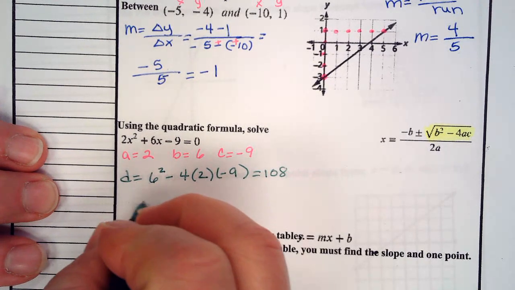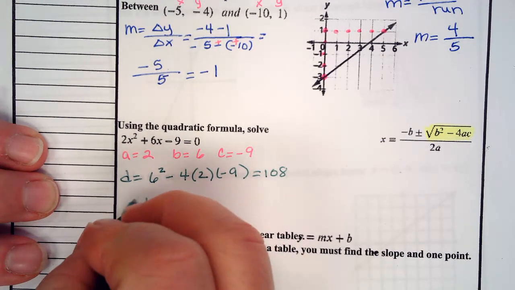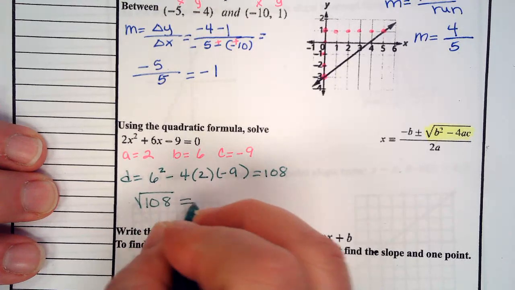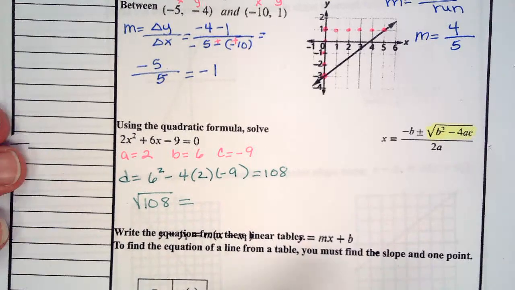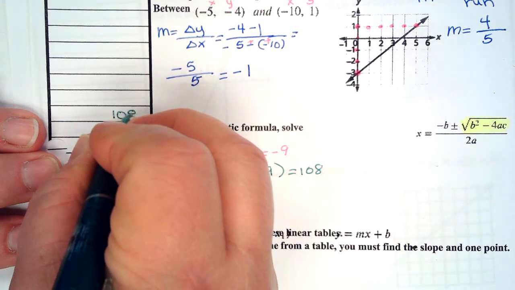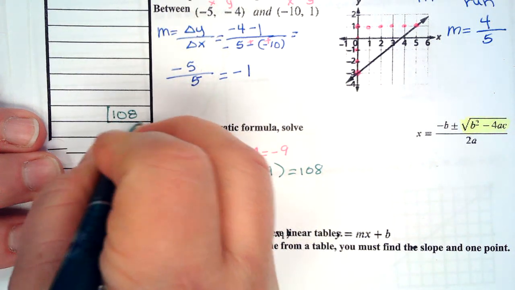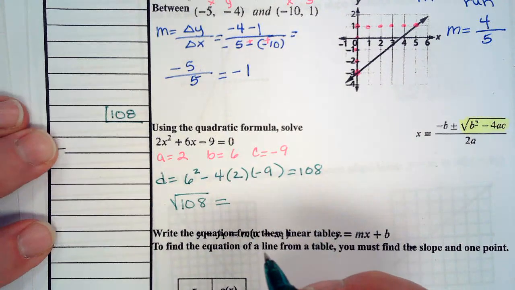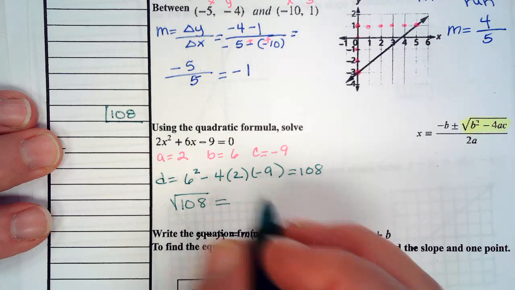Now I know that 108 is not a perfect square. So when I square root it, I've got to simplify that radical. So I'll do my ladder division and find out what the prime factorization is.